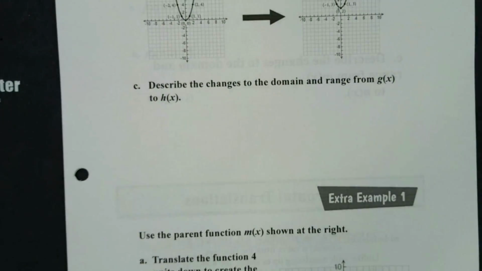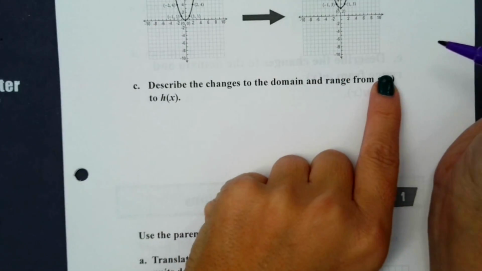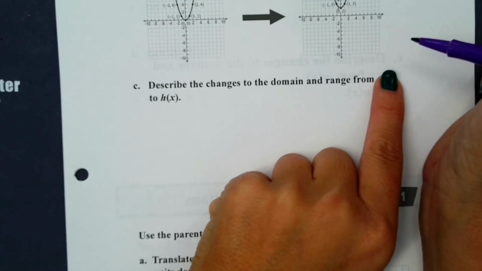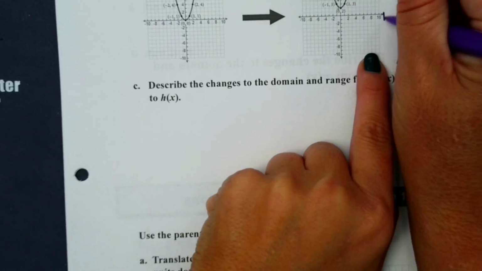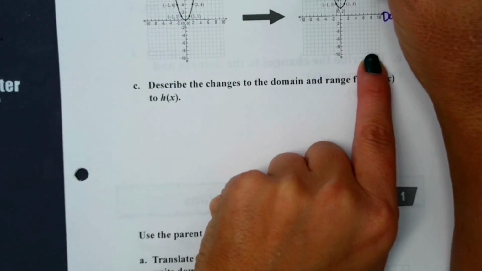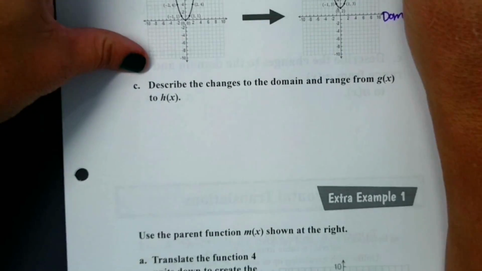So now all you have to do is tell me. Describe the change to the domain and range of g of x to h of x. Domain is x's or y's. So this is your domain, and then your y is your range.